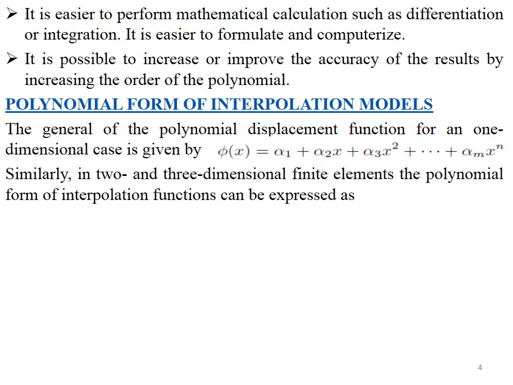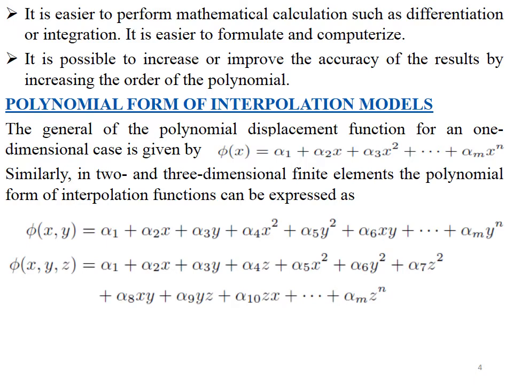Similarly, in two- and three-dimensional finite elements, the polynomial form of an interpolation function can be expressed as phi of x comma y equal to a1 plus a2 x plus a3 y plus a4 x squared plus a5 xy plus a6 y squared, up to the power of n.